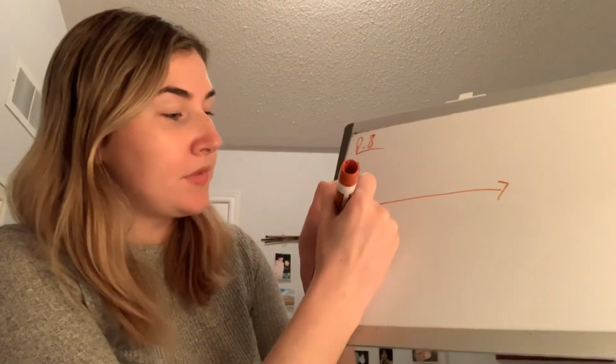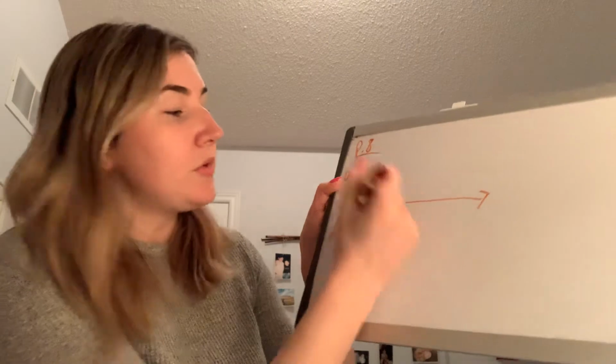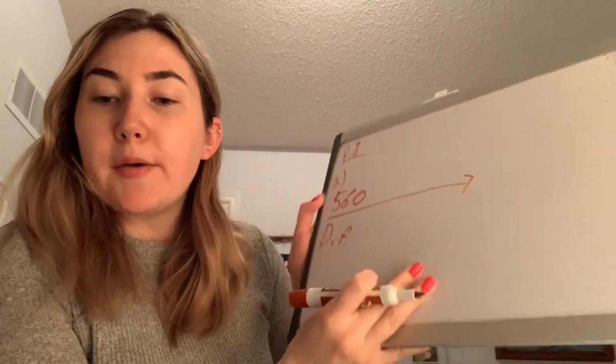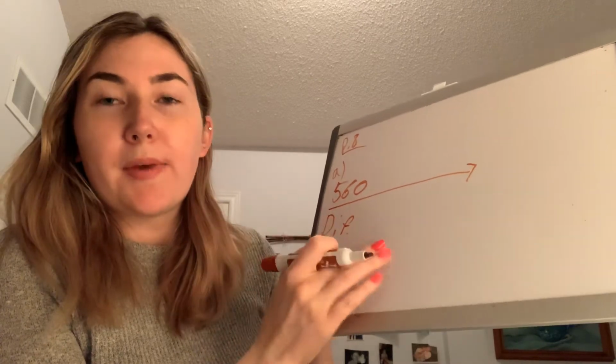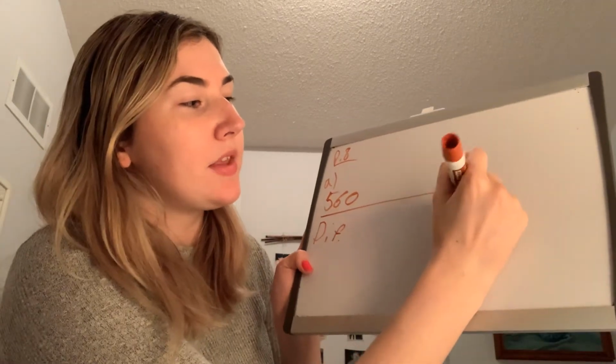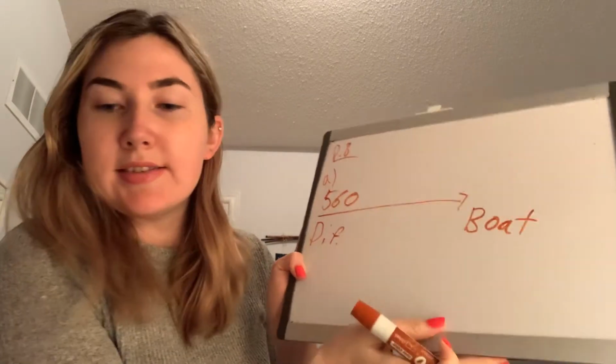So right away we can spot one of our keywords, fewer. So the number right before a keyword is our difference number. So that will be our first number here, which is 560. And now it says that the truck traveled fewer miles than the boat. So the boat will be our big number here, since it traveled the furthest distance.